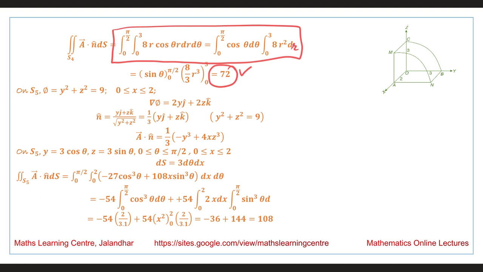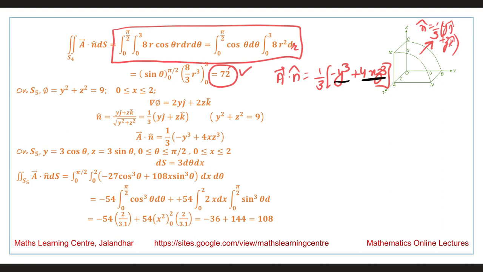Now similarly for the surface S5, we have obtained that n cap is equal to 1 by 3 times y j cap plus z k cap. Now if we calculate A dot n cap, the answer is 1 by 3 into minus y cubed plus 4xz cubed. For the value of dS, if we take the projection, all three variables x, y and z are there.